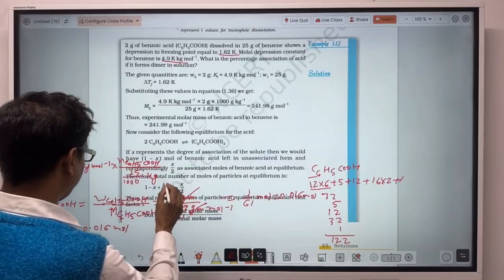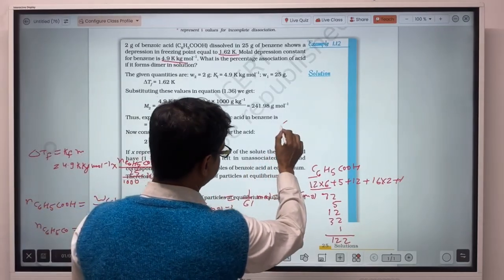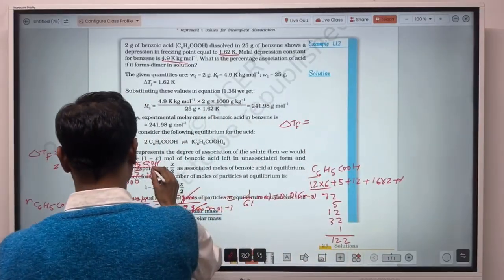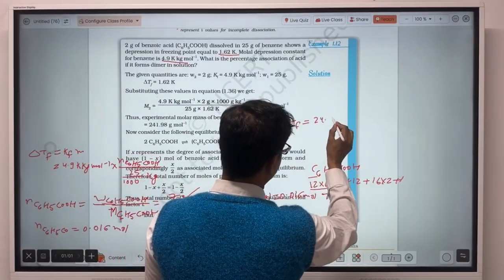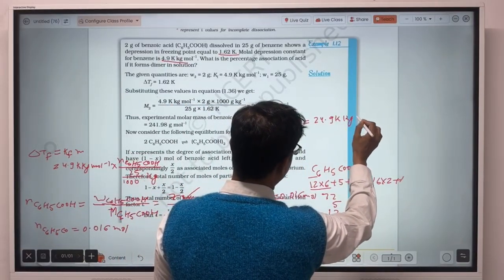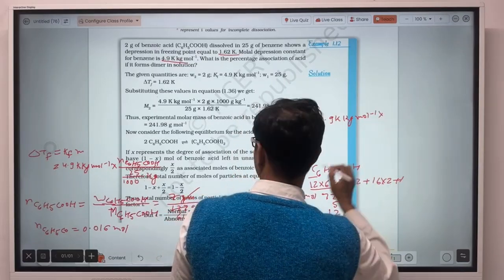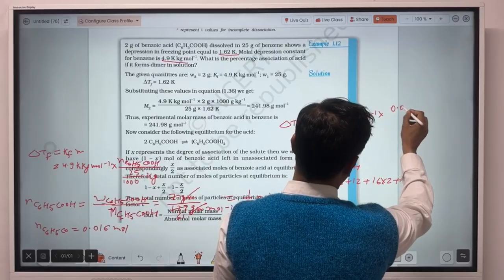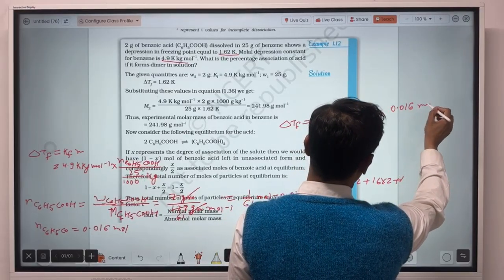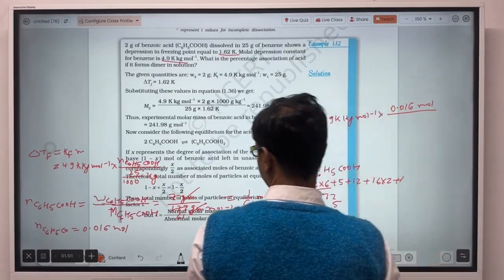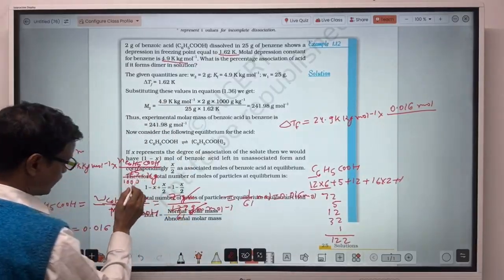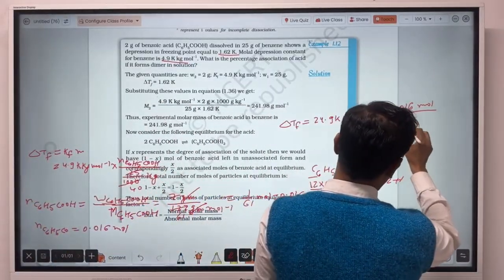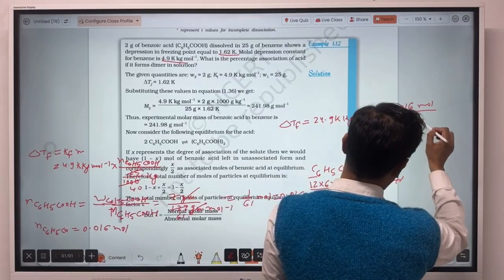So ΔTf will be equal to Kf, 4.9 Kelvin kg per mole, that upon the number of moles, 0.016 mole, upon the weight of solvent, 25 upon 1000, so 1 upon 40 kg.